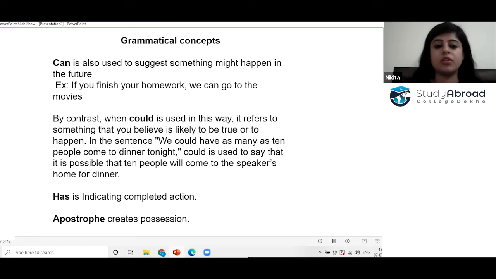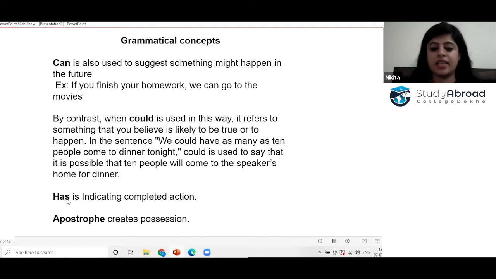That means there is a possibility of them coming. Could is used to say that it is possible that 10 people will come to the speaker's home for dinner. Possibility. Okay. Can was associated with it might happen, and could is related to the possibility of happening.